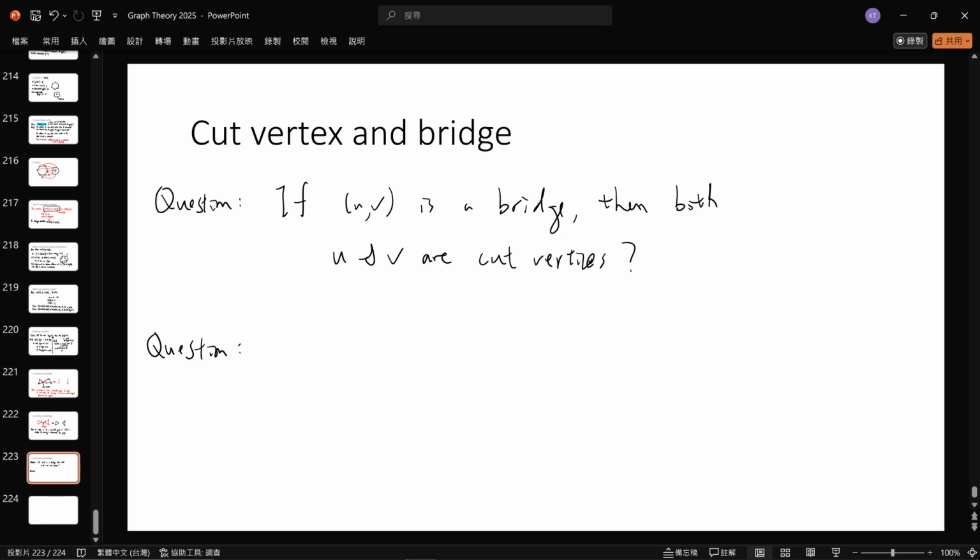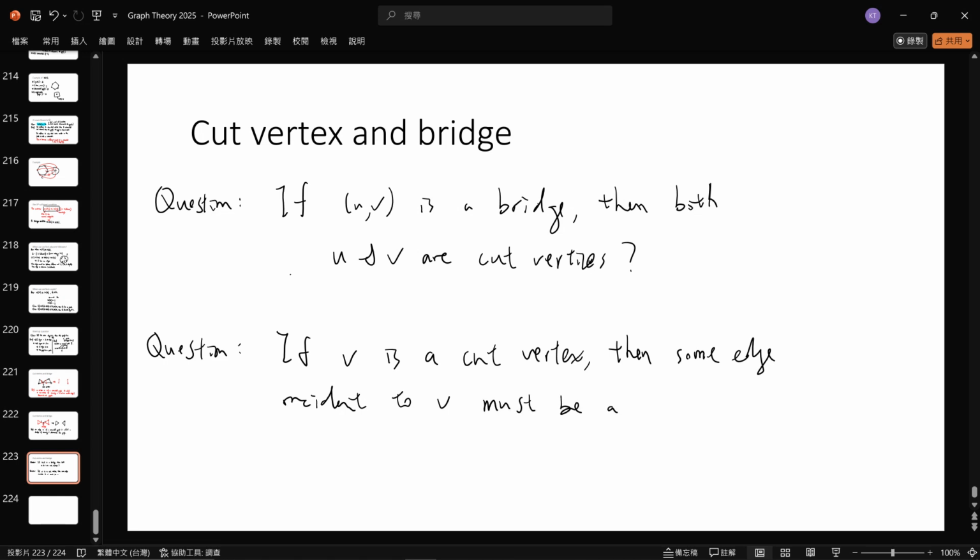The second question is, this time we start with a cut vertex. If V is a cut vertex, then some edge incident to V must be a bridge. Yes or no?